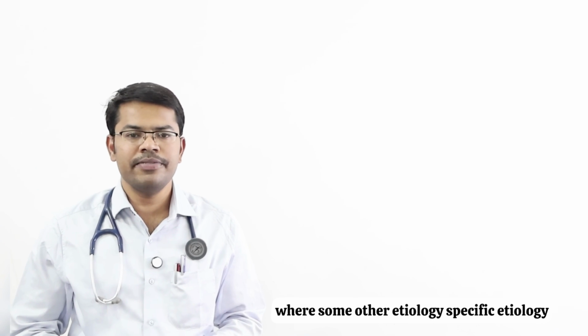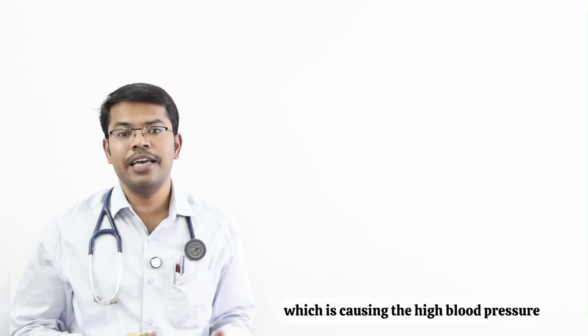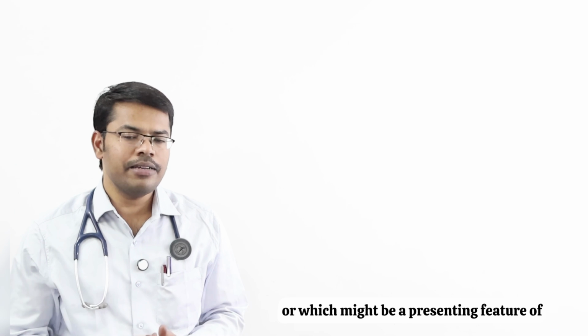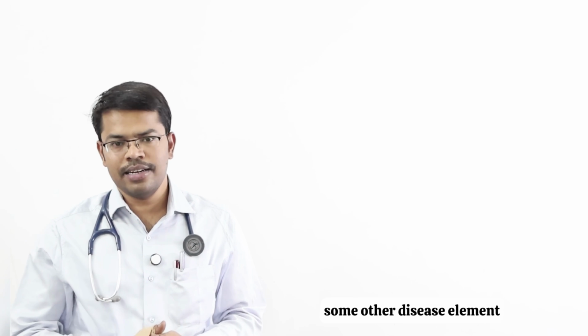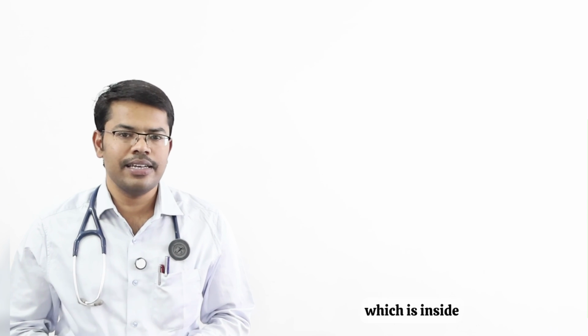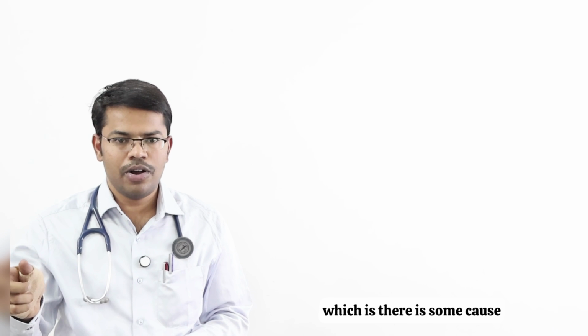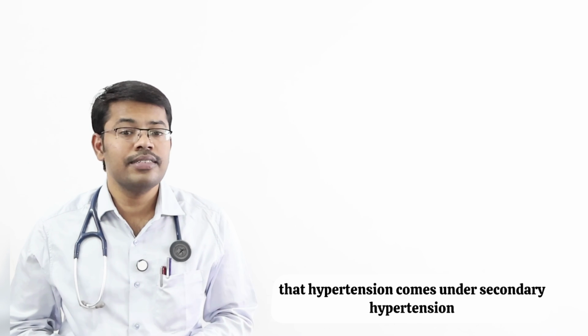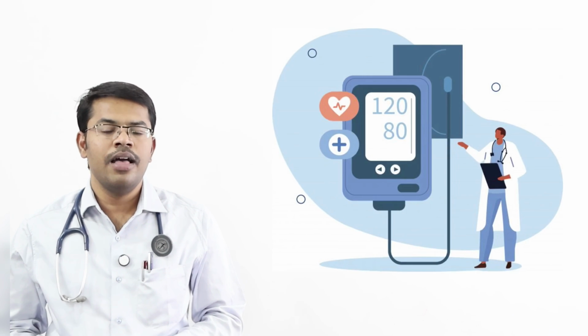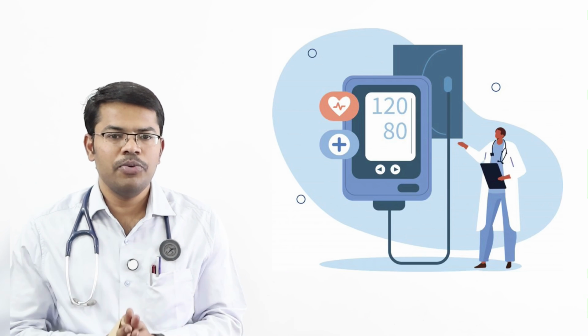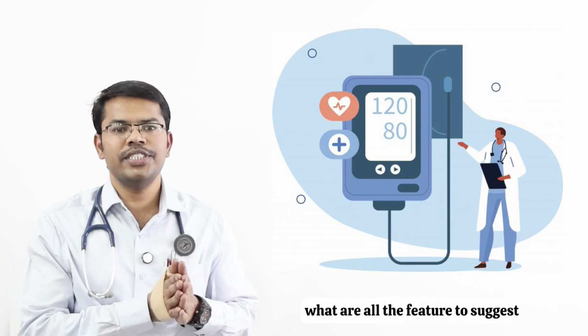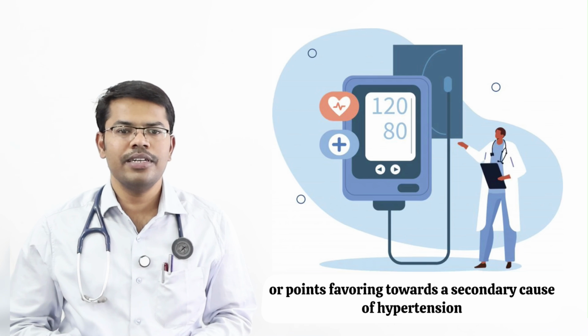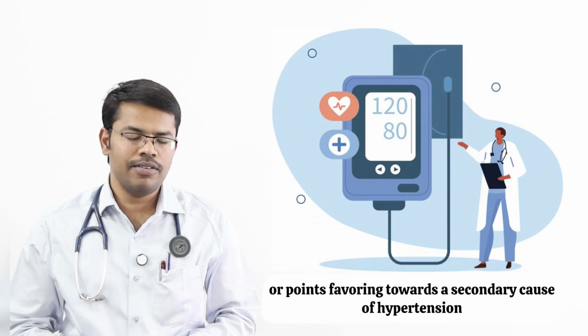But there are situations where some specific or treatable etiology is causing the high blood pressure, or the high BP might be a presenting feature of some other underlying disease. That hypertension comes under secondary hypertension. The topic of discussion today is what are all the features that suggest a secondary cause of hypertension.